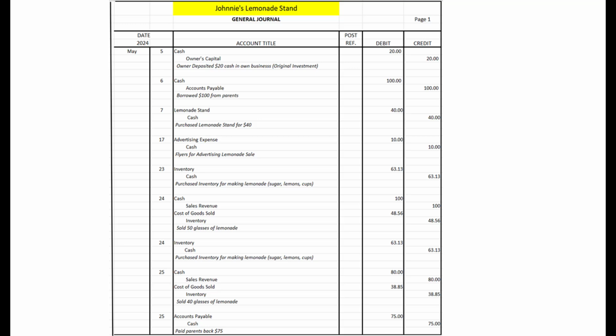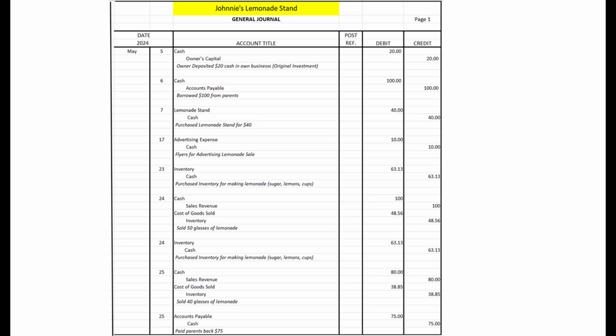A general journal is a fundamental component of the accounting system. It is often referred to as the Book of Original Entry because it is the first place where transactions are formally recorded. The primary purpose and use of a general journal include the following.